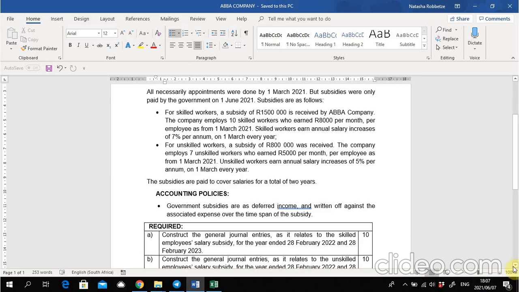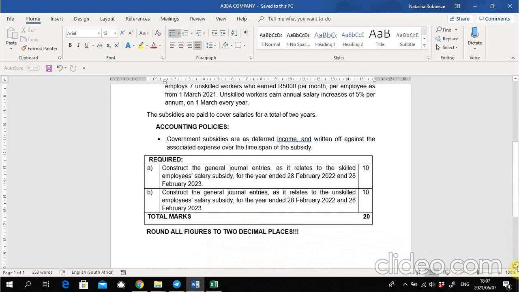Then, for the accounting policy, they say government subsidies are treated as deferred income and written off against the associated expense over the time span of the subsidy.